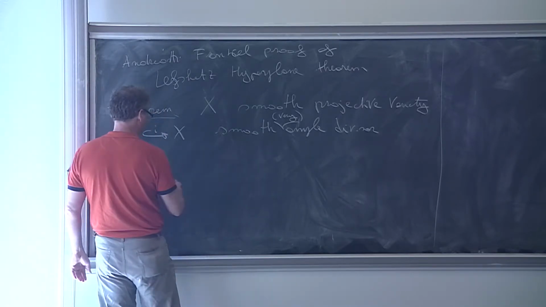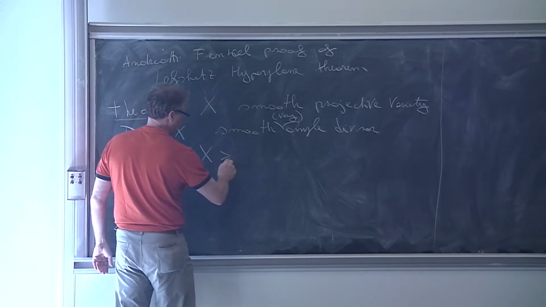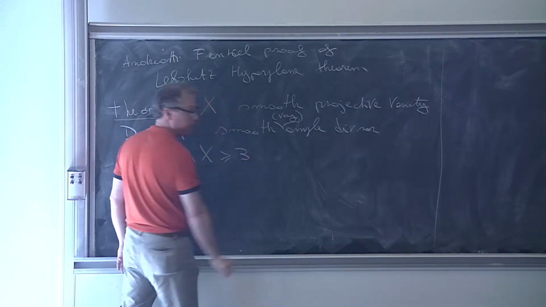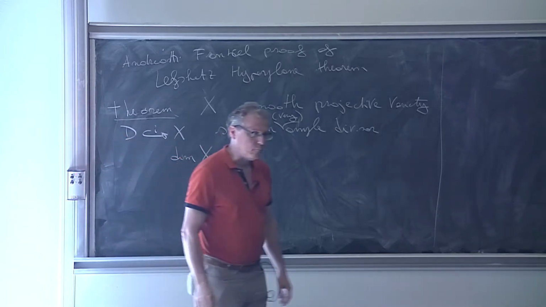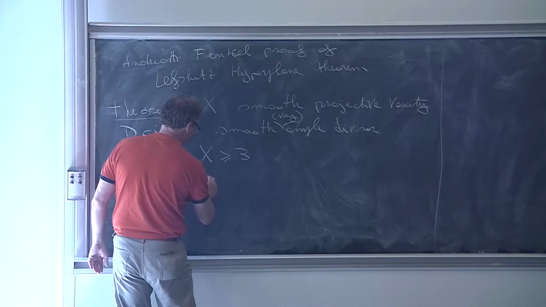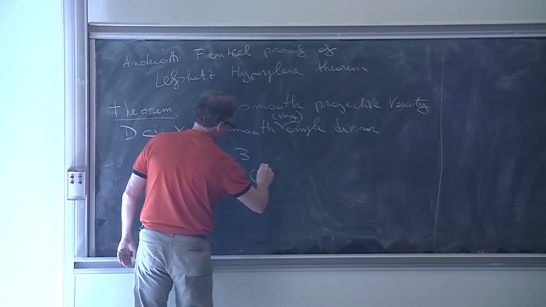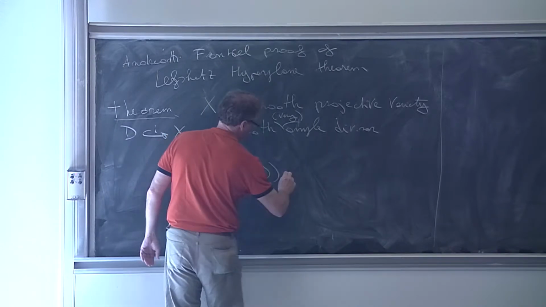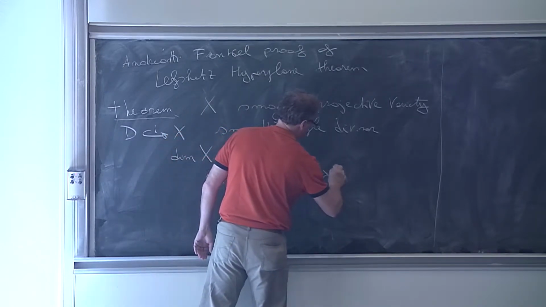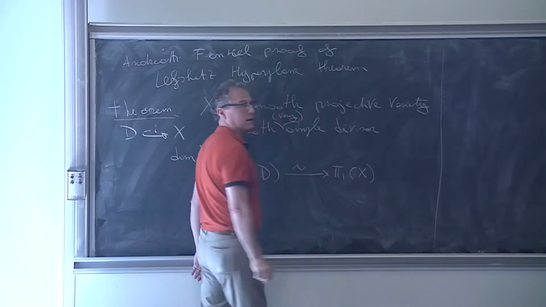I will suppose that the dimension of X is at least 3. The conclusion is that i lower star from pi1 of D to pi1 of X is an isomorphism.